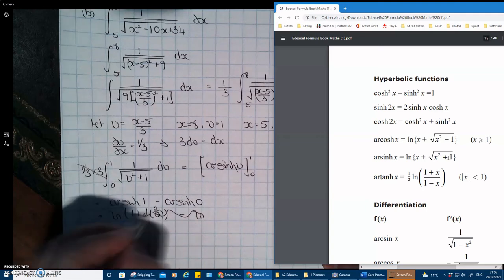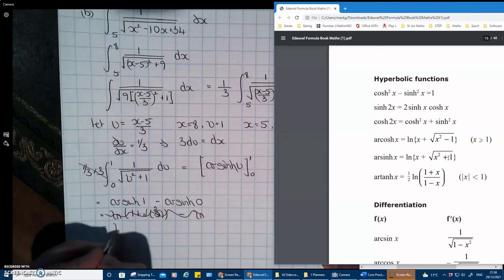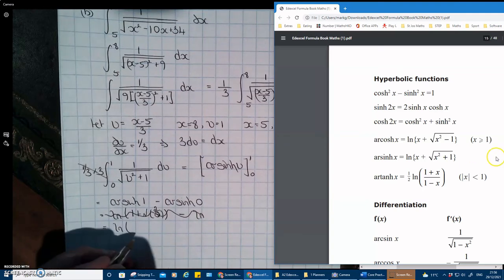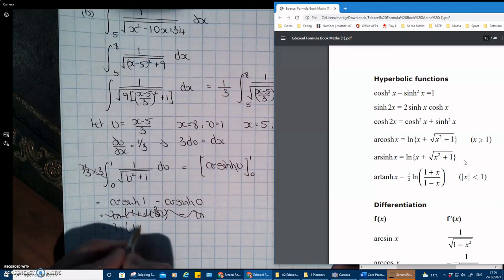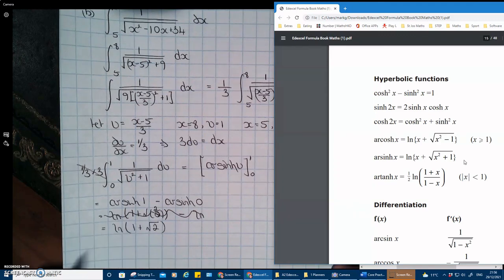Rub it out, and do that bit again. So that's log, because I'm using arcsinh, it's this one here. I want x, which is 1, plus root of 1 squared plus 1, which is root 2.